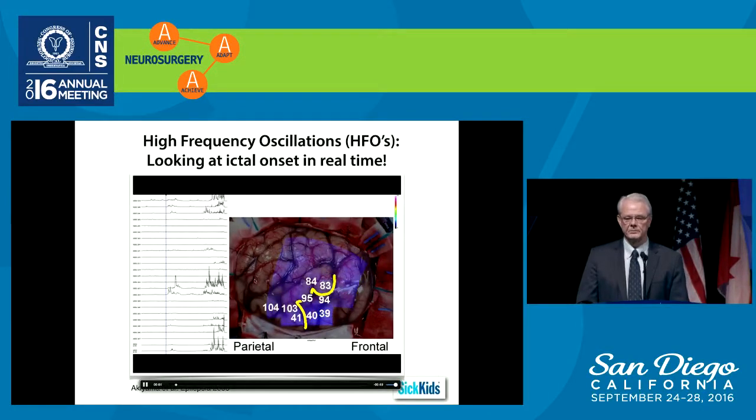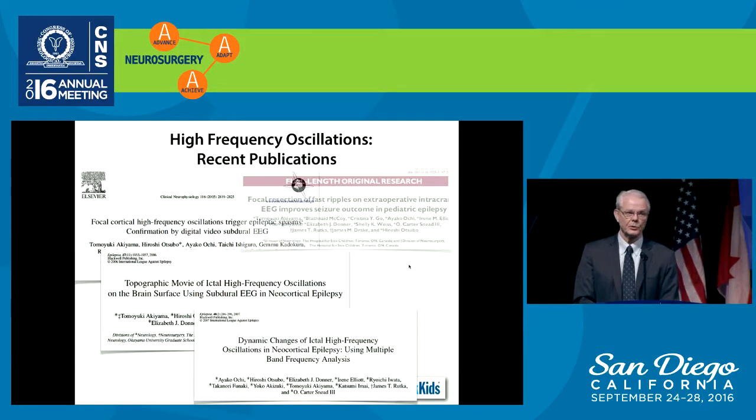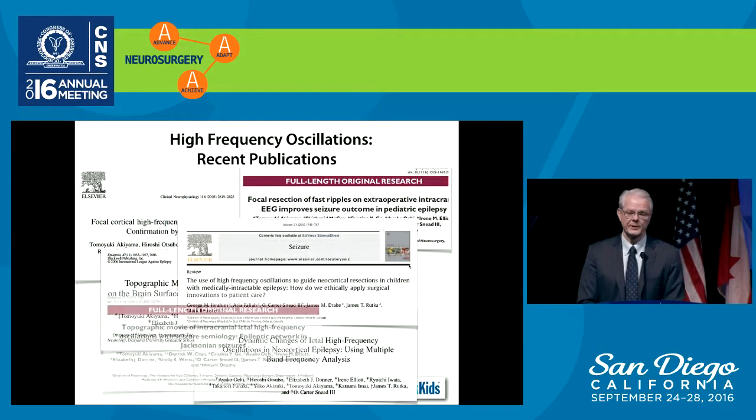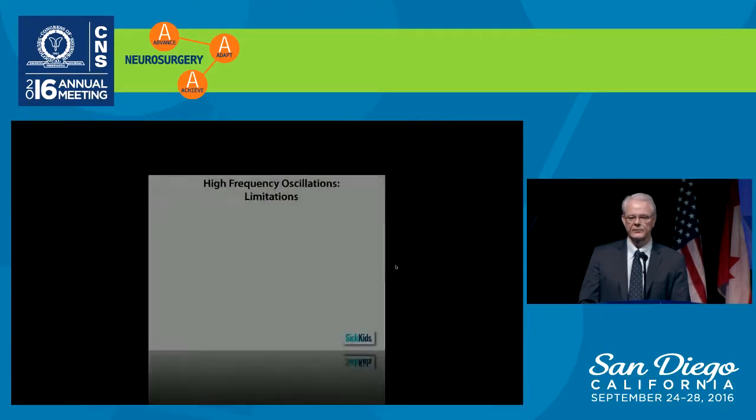Here's a video that's showing you how the brain, this is a real-time animation of how the epilepsy discharge arises by virtue of these HFOs in the brain during subdural grid monitoring. We've had a number of publications in the field that have allowed us to explore the value of HFOs during epilepsy surgery. This has become a very important technique for all of us.